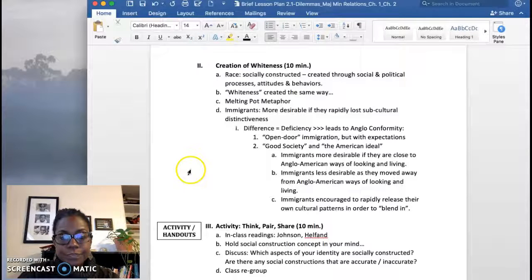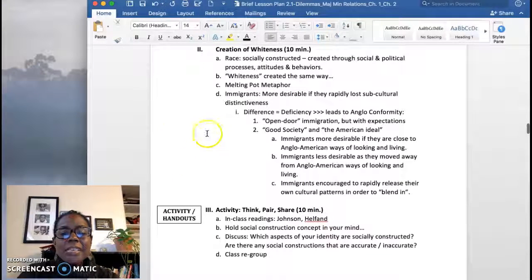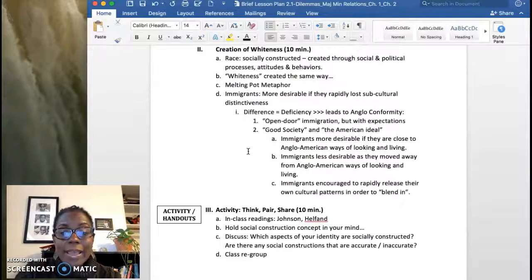And again, this idea of difference equals deficiency led to a desire for Anglo conformity. Everyone needed to fit in, and new immigrants had an incentive to try to fit in because then they would have access to the resources, the power, and the status of the majority group. And that group came to be classified as or characterized as white.